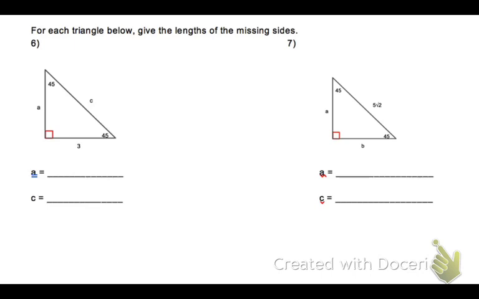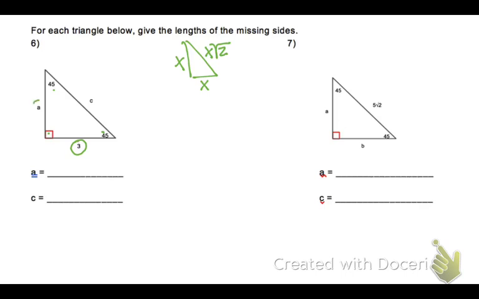Okay. So for each triangle below, give the lengths of the missing sides. So here we have a 45, 45, 90, and we know the rules for 45, 45, 90. The legs are the same length, and then your hypotenuse is equal to x times the square root of 2. So here we're given a leg. Leg is 3.